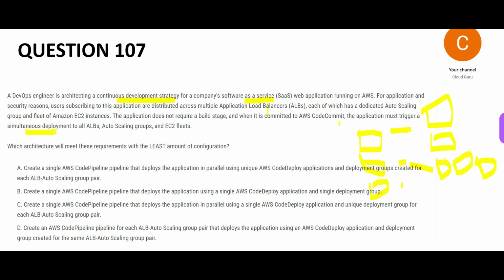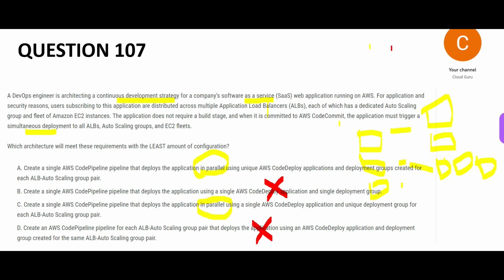When we say simultaneous deployment, we are talking about in parallel. So something like this, in parallel. Option D, I don't see any parallels in there. So option D is wrong, and likewise option B is also wrong.